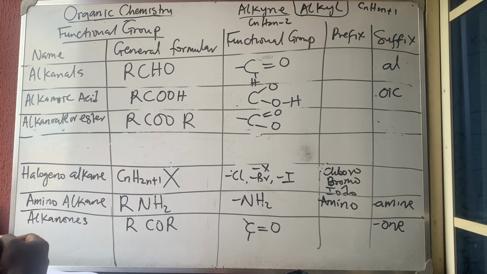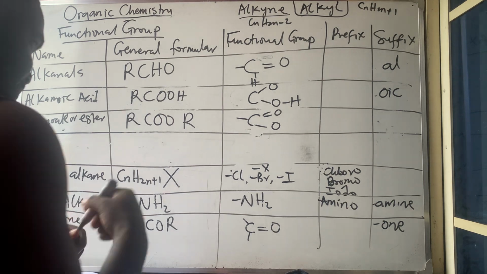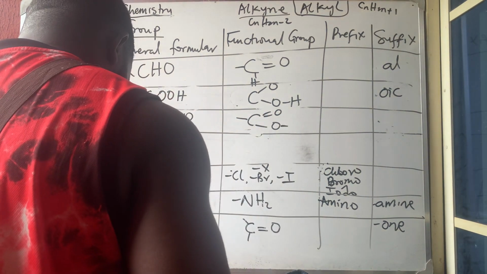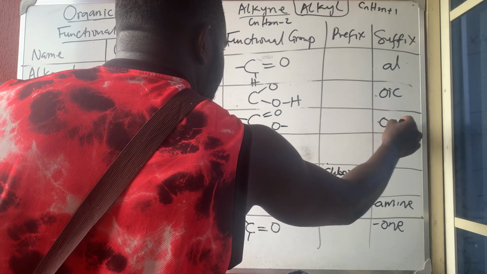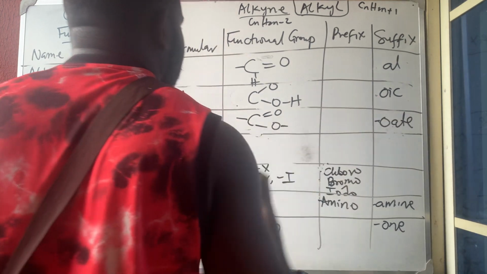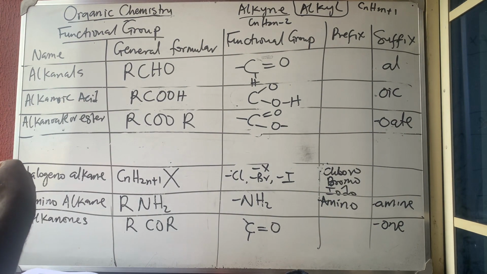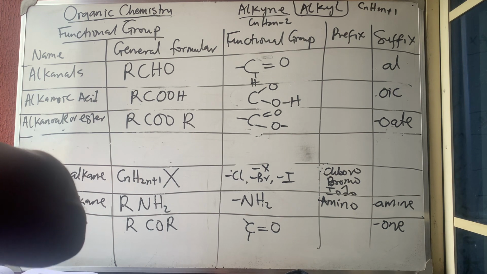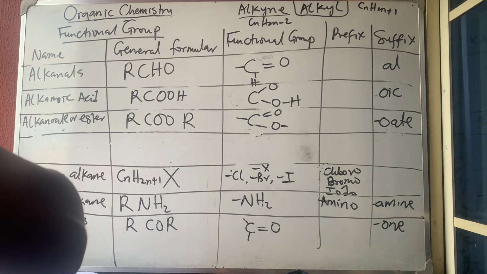That is COO. The next thing is they are called "oate". That is pentanoate, hexanoate, and so on and so forth.